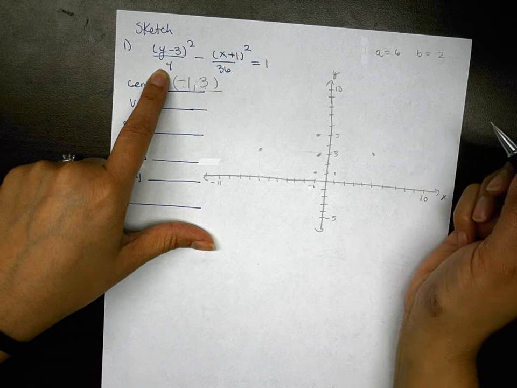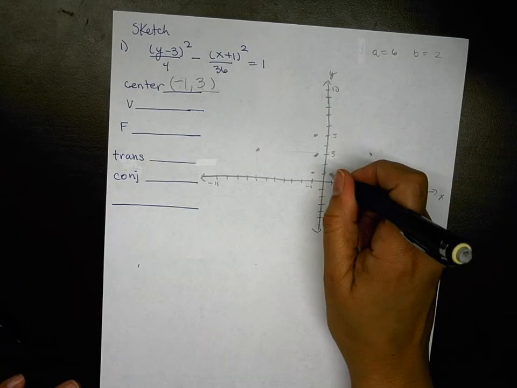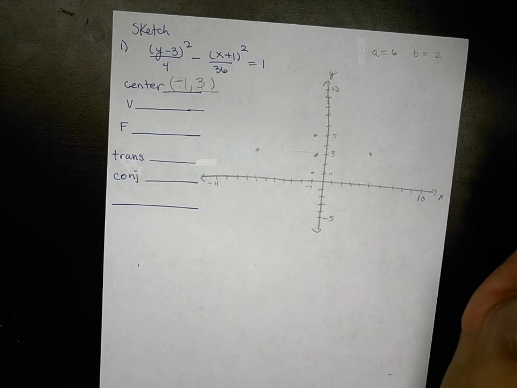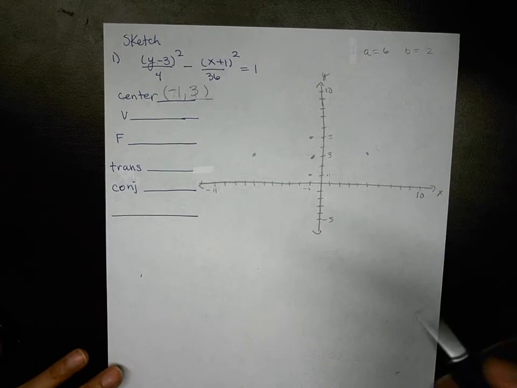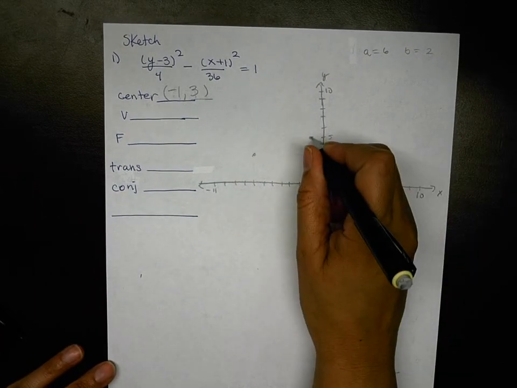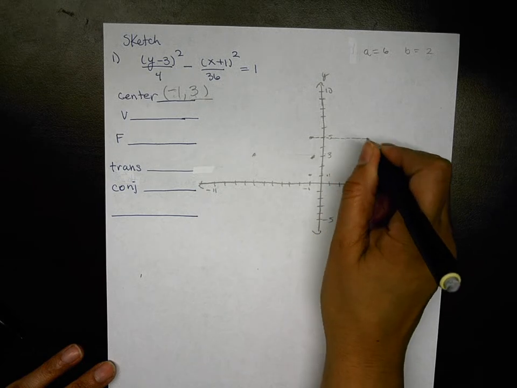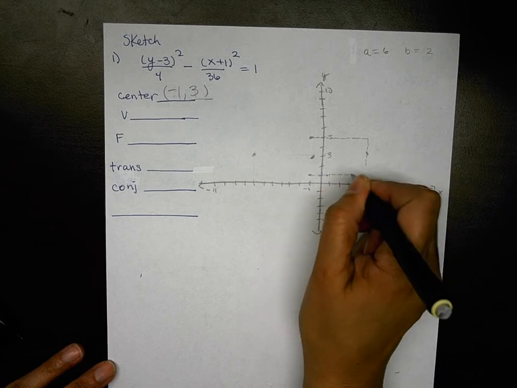Now, you do pretty similar at the beginning like you would an ellipse. Right and left, up and down. After that, do not make an ellipse. What you're going to do is make a box shape, a dotted rectangle like this. This is going to help you with your asymptotes.